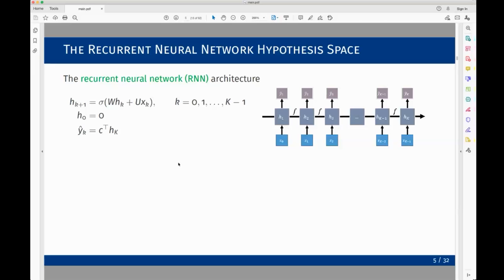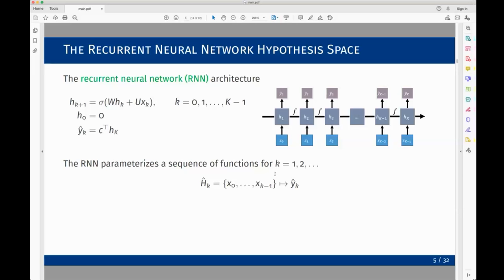You can see, given this kind of architecture, essentially the recurrent neural network gives us a parameterization of a sequence of functionals, because once given the parameters capital W, capital U, and the vector small c, we determine a family of functionals hk hat, which gives us a mapping from x0 to xk minus 1 to yk.